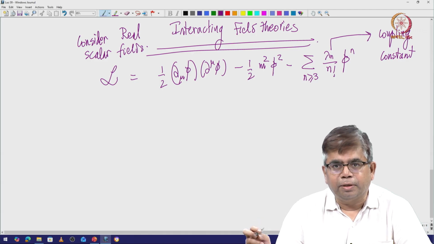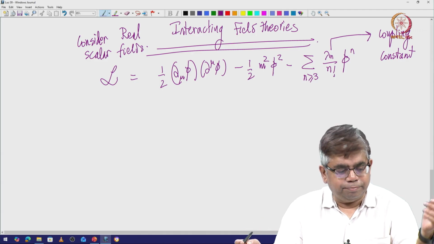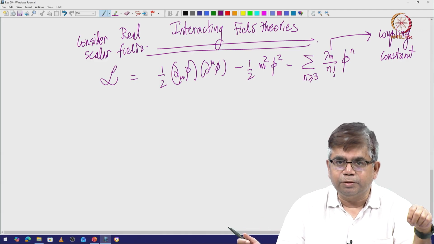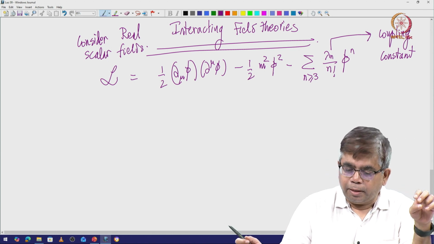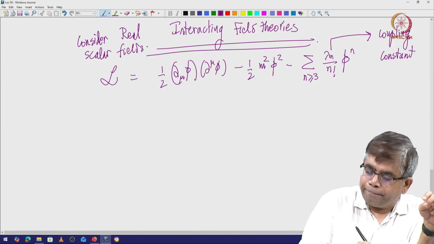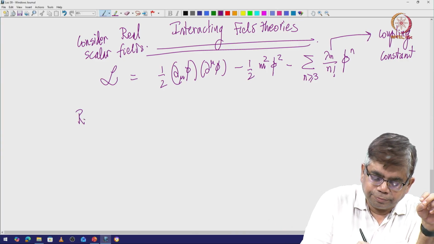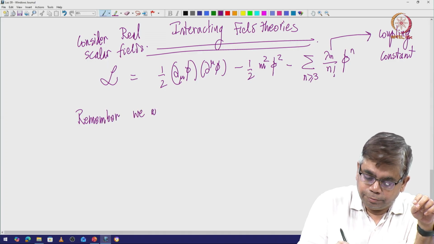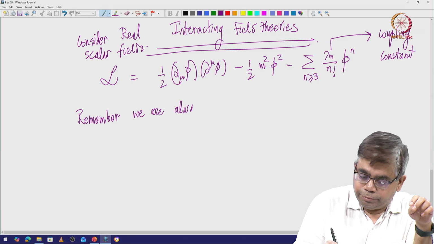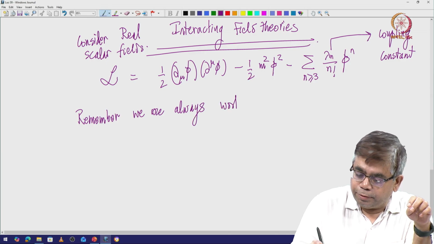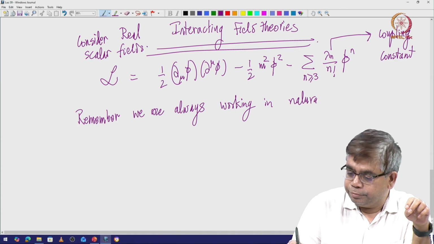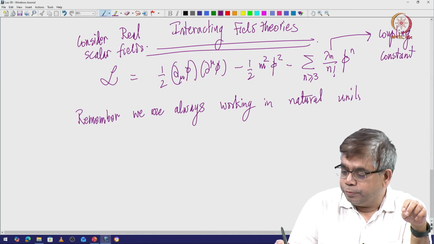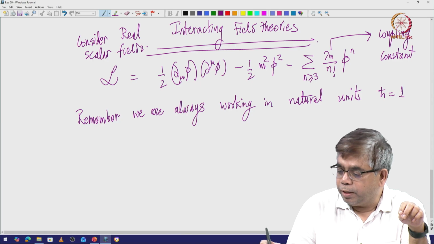For that we have to have some sort of an organizing principle essentially. To do that, remember we are always working in natural units, where h cross is equal to 1.